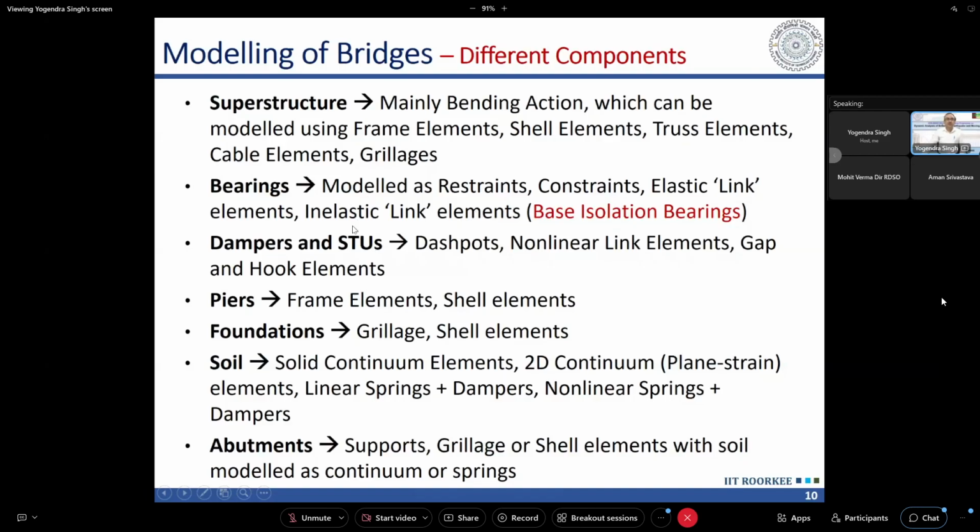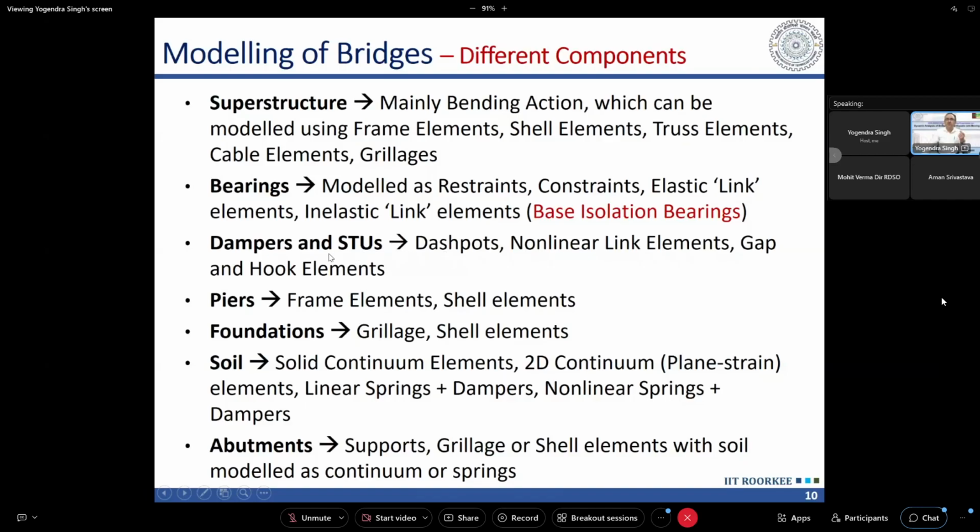Then in some bridges, in parallel to bearings, we provide dampers and shock transmission units, STUs. The purpose of these dampers is to dissipate energy during an earthquake. And the purpose of STUs is to allow the displacement of the superstructure with respect to the pier cap under normal loading, that is temperature and gravity loading.